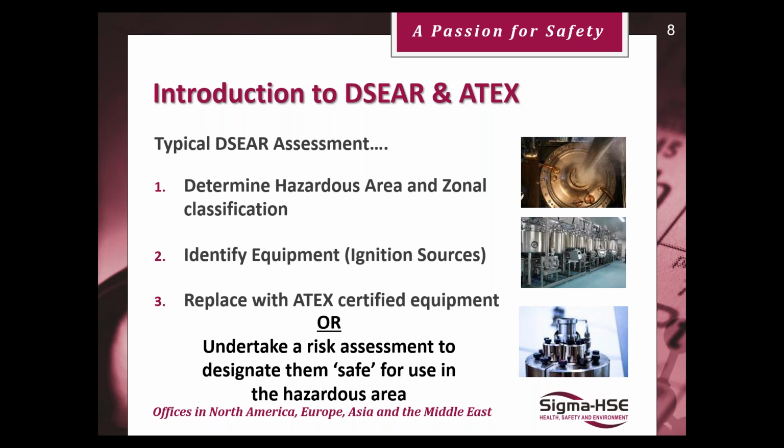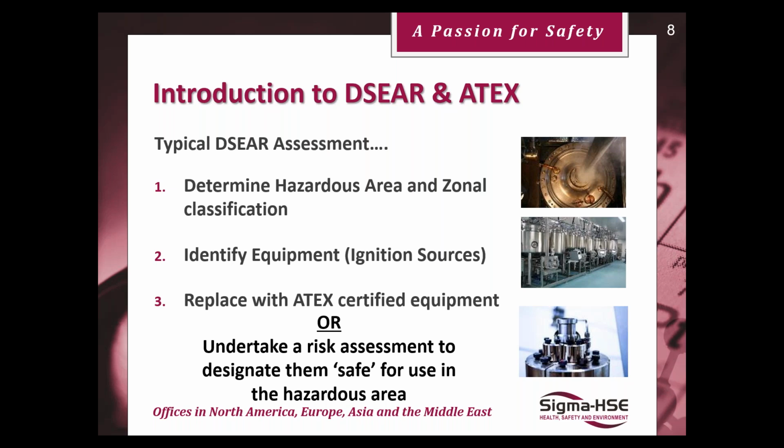And then once you find that out, the third step is to have a basis of safety. This is how you control against potential ignition sources becoming effective. Typically you can have ATEX rated equipment, you earth all metal plant, or you have an earthing system in place in these hazardous areas. Or, as I mentioned here, replace with ATEX certified equipment.